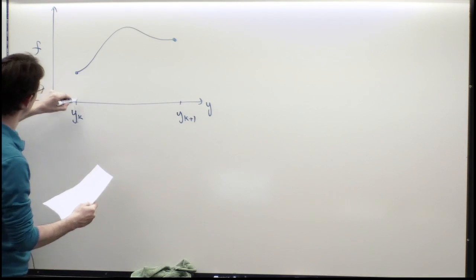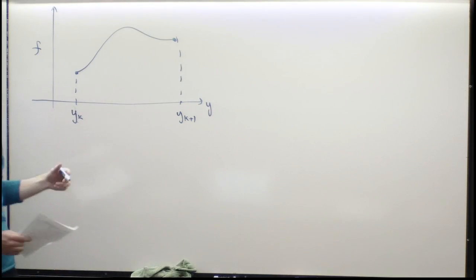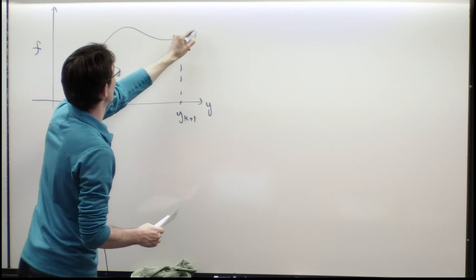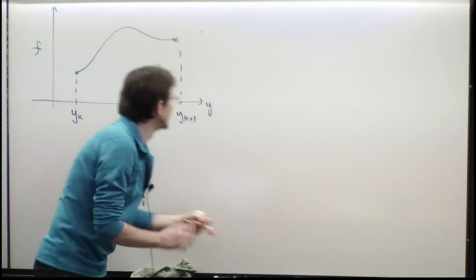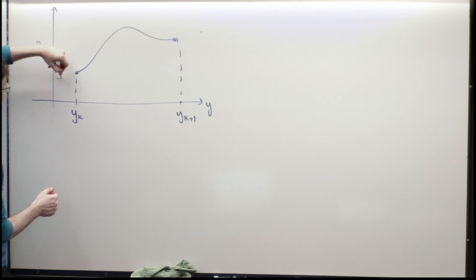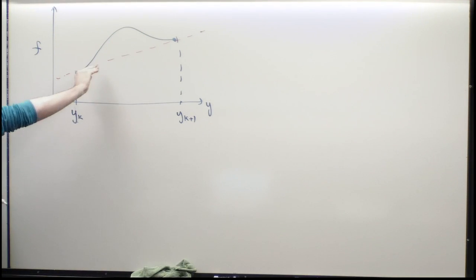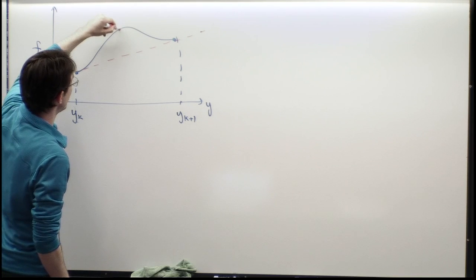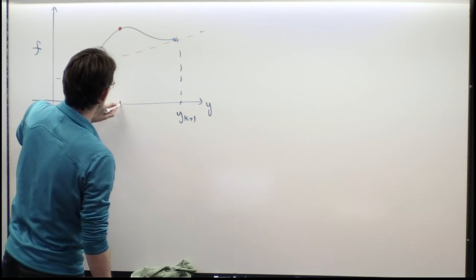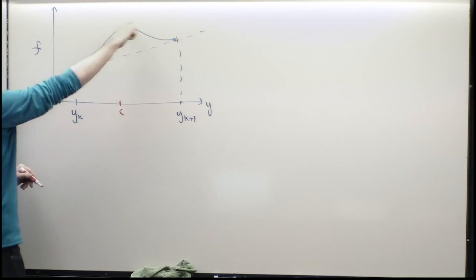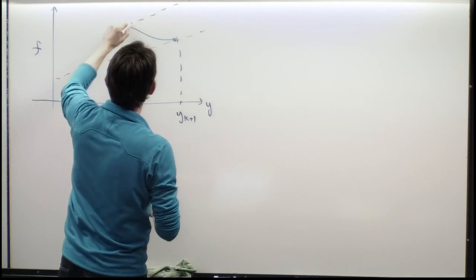Okay, so what the mean value theorem states is that there's a line that goes between these two data points, this line here. The mean value theorem states that there is some intermediate point c between yk and yk plus 1, where the function derivative is the same as the slope between these points.